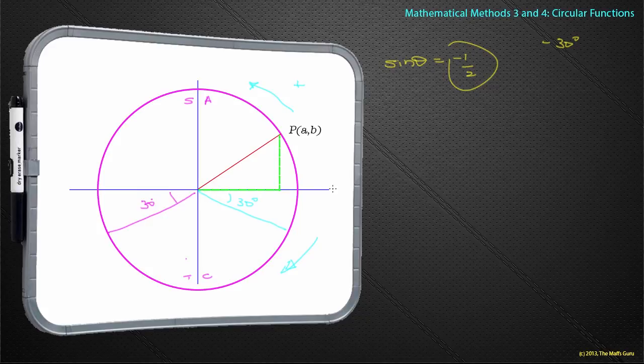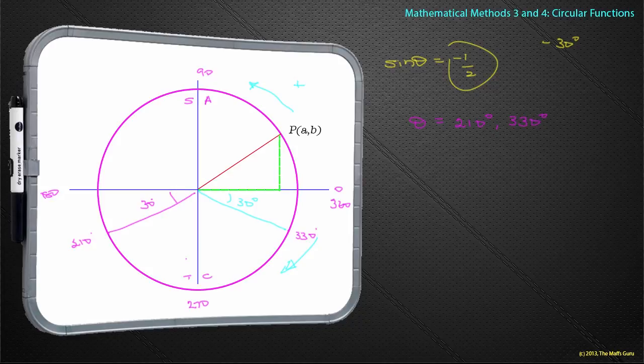Well, if this was 0 and 90 and 180 and 270 and 360, then we should be able to work out this angle here is 330 degrees because it's 30 less, and this angle here is going to be 180 plus, which is 210 degrees. And so my values work out to be theta is equal to 210 degrees and 330 degrees.